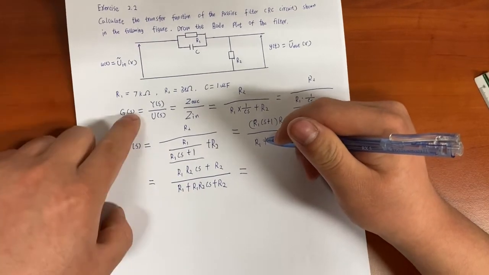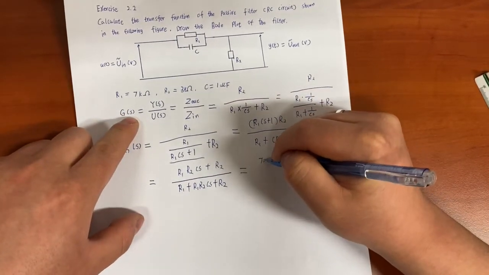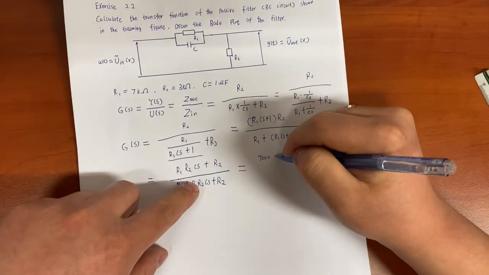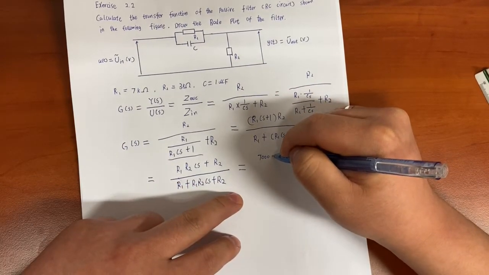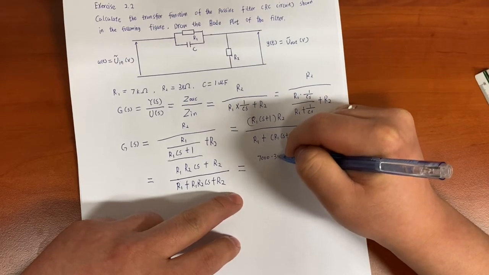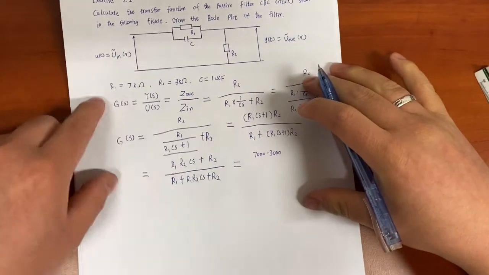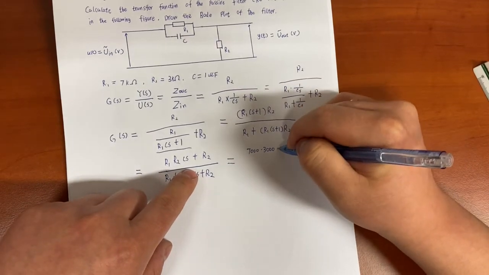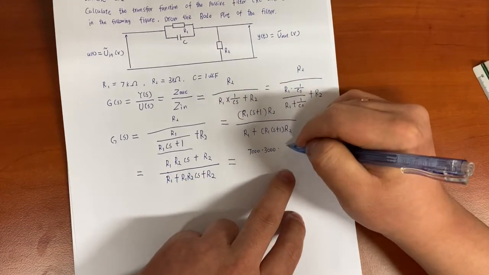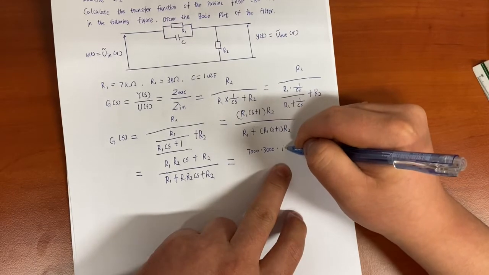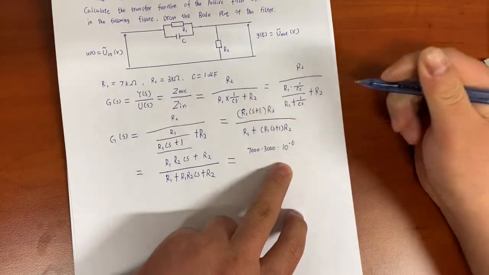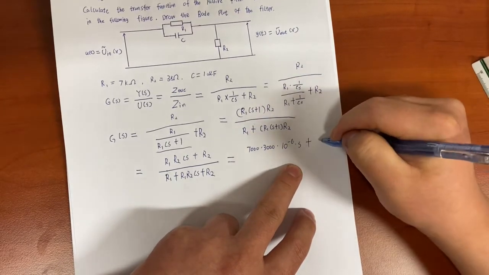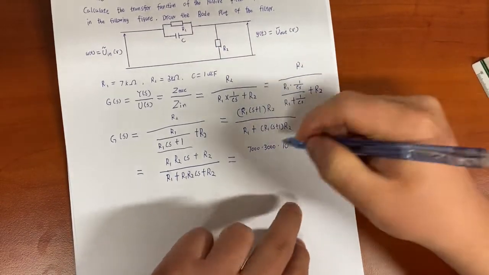So R1 is equal to 7000 ohm, R2 is 3000 ohm, and times C is equal to R1 plus R2, 3000.